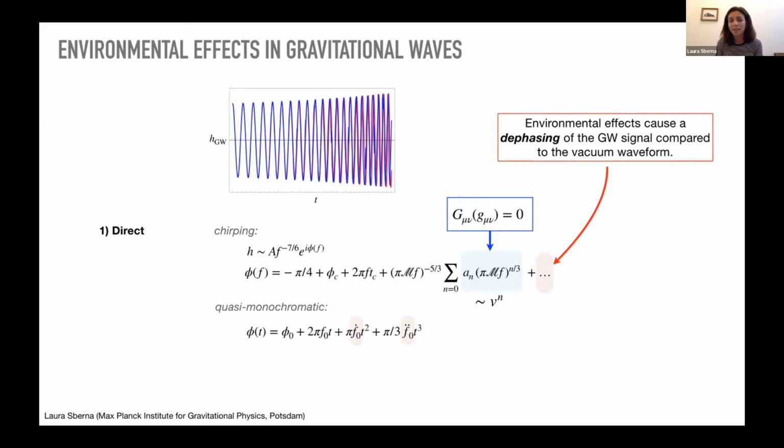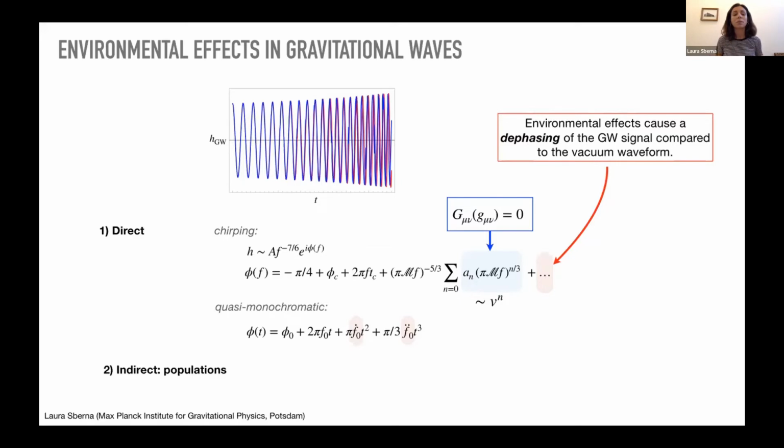If you have in mind quasi-monochromatic sources like the ones Tom was looking at, in a similar way, environmental effects can affect the way the frequency evolves in time. So you're going to have modifications to these f dot, f double dot terms. What I just described is a direct way in which the environment can affect a gravitational wave signal.